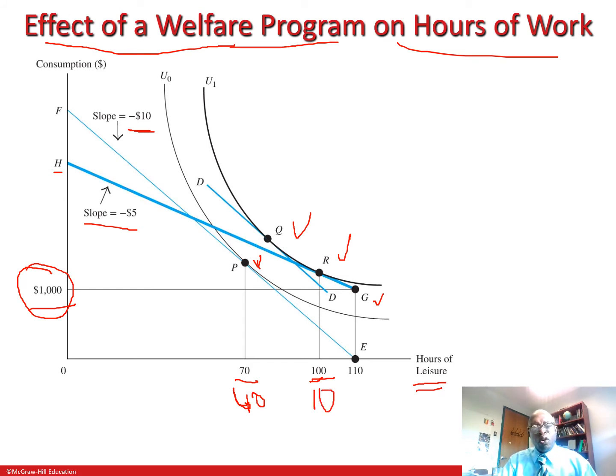So with the income effect and substitution effect, there is a reduction of working hours from 40 hours per week to 10 hours, which is saying that the welfare program has a negative impact on work incentive.